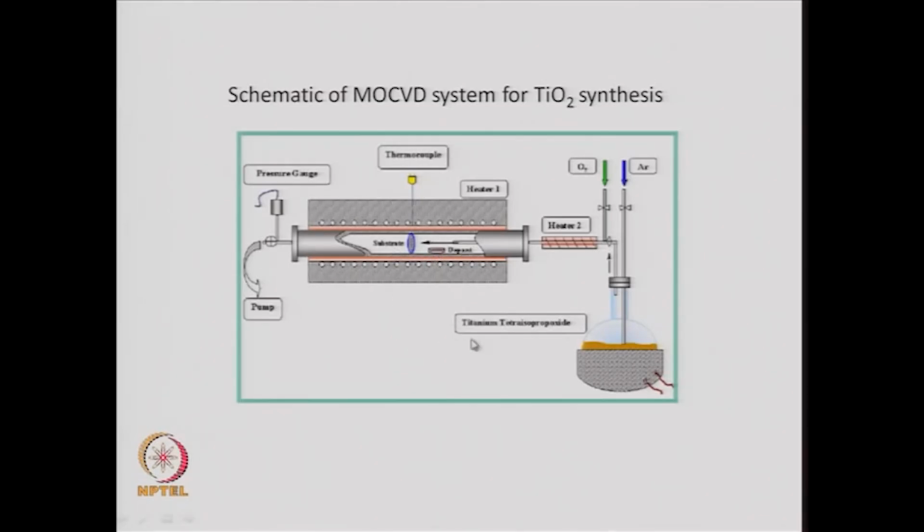And this kind of system can generate large amounts of very high quality films of TiO2 on the surface of appropriately chosen substrates. Substrates can vary from silicon to glass to quartz, and you can choose a variety of substrates depending on your application of this photocatalyst.